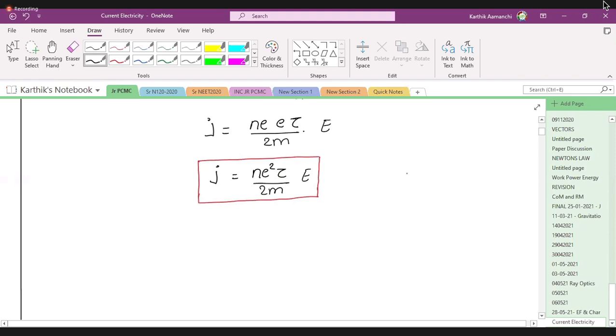Now, this N E squared tau divided by 2m, until this it is over. Below that, write it down.